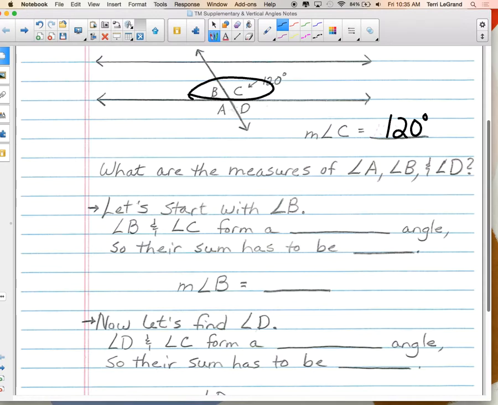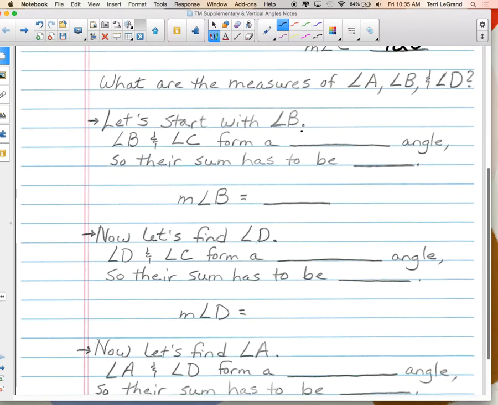Anybody know what kind of angle that is called when two come together like B and C do? Starts with an S. Starts with an ST. Starts with an STR. Straight, yeah, they make a straight angle. So they form a straight angle, those two. So put that in there.